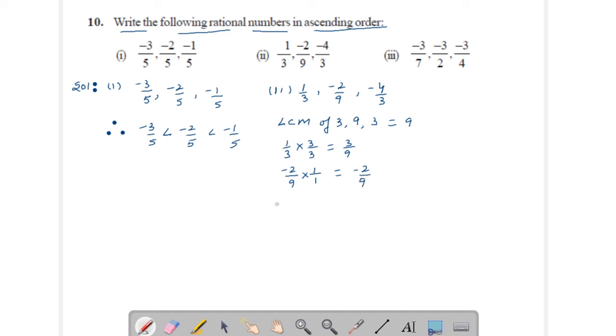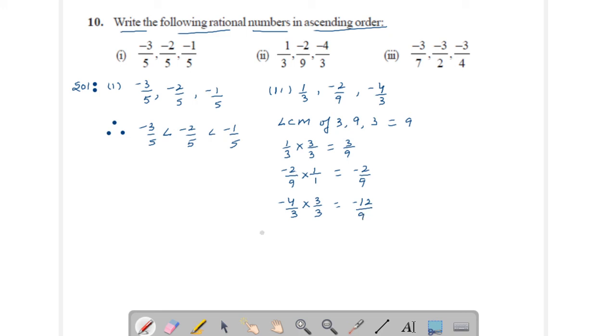Take third rational number, minus 4 upon 3. Here denominator is 3. Divide LCM 9 by 3. You will get 3. So multiply in the numerator and denominator by 3. You will get minus 12 upon 9.